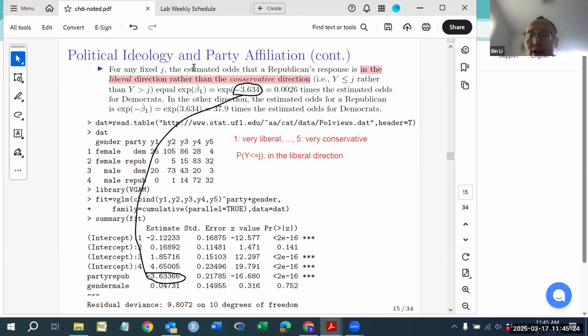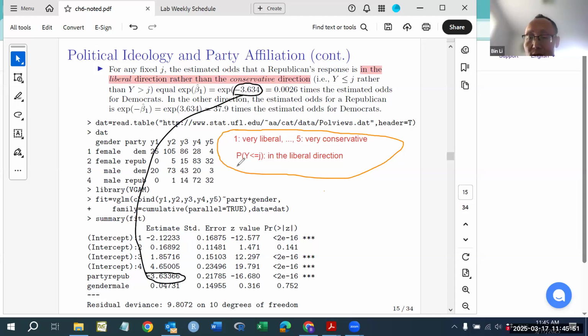That means the estimated odds that the Republicans' response is in the liberal direction rather than the conservative direction. Remember the setting for the response: 1 is liberal, then 2 is slightly liberal, and 3 is moderate, then slightly conservative, and very conservative.